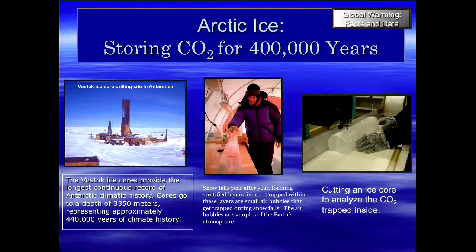And what you do, of course, is you cut the ice cores, these beautiful cylindrical ice cores, and you measure how much carbon dioxide is trapped in the air in parts per million. And when you do that, you get a record of how much carbon dioxide was in the Earth's atmosphere going back 400,000 years ago. Let me just show you the last 1,000 years.